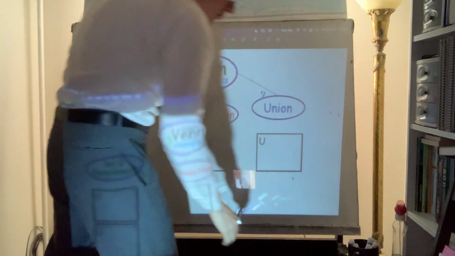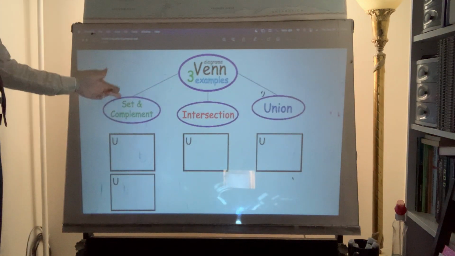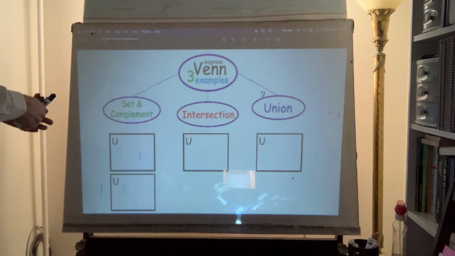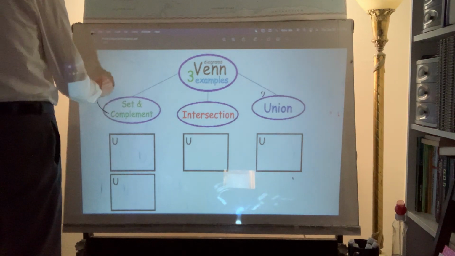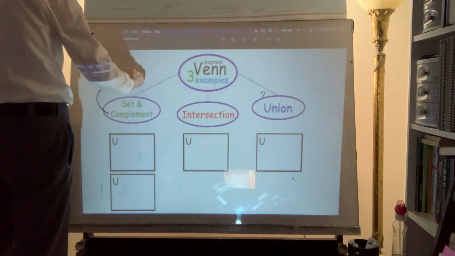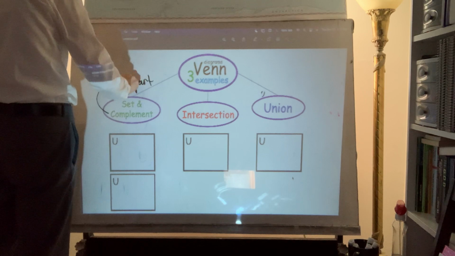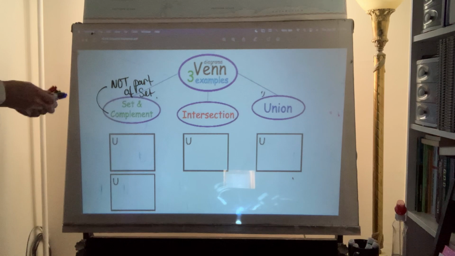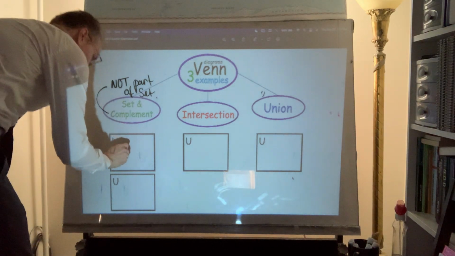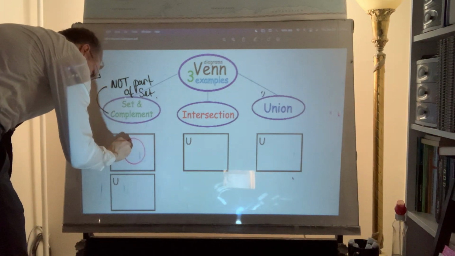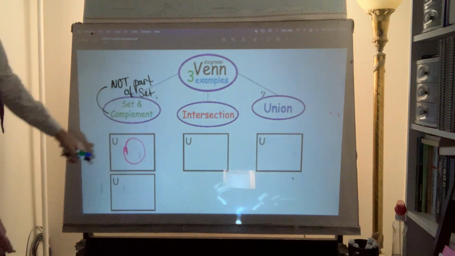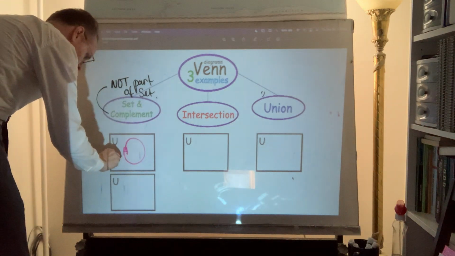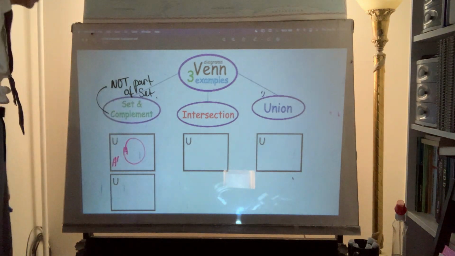Now, in terms of a picture, here is how a set would be indicated and a complement in relation to it. If a complement is the things that are not part of the set, then the way that this might be indicated would be a circle confining all things in A, and then off to the side in more or less region 4, Roman numeral IV, you would see A and a little tick mark.